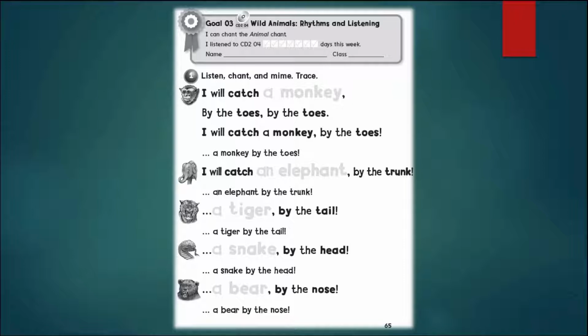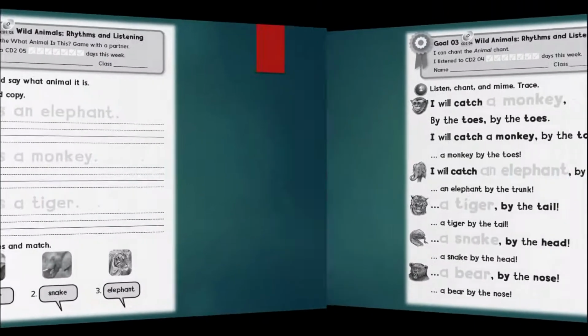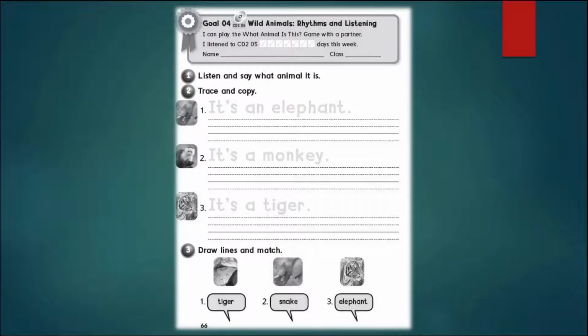Here is the homework for this lesson, so we have to trace these words or the names of these animals, like a monkey, an elephant, a tiger, a snake, a bear. And here we have to trace and copy these three sentences.